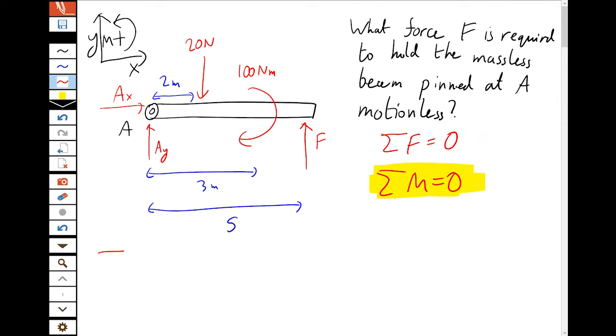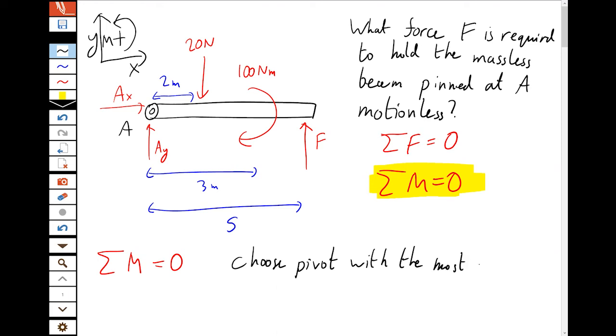And we know if we're calculating the moments, we have to calculate around a pivot point. What pivot point? Well, we always choose the pivot with the most unknowns. Because remember, any unknown acting through the pivot produces 0 moment, so it disappears from our equation. Well, we've got 2 candidate points.